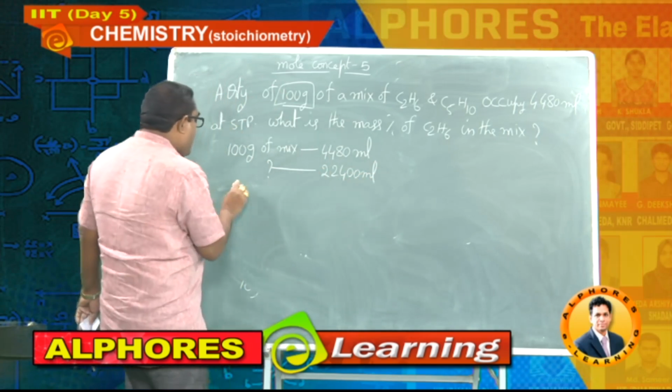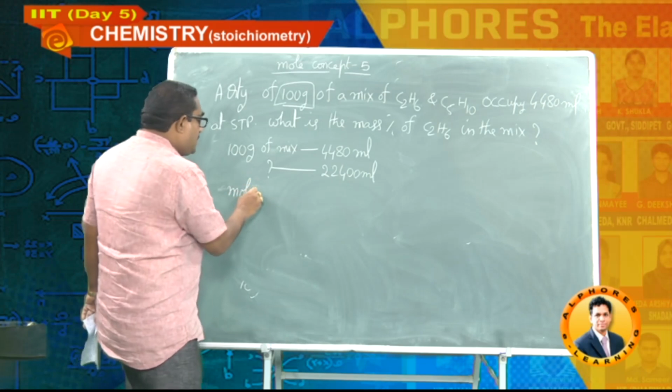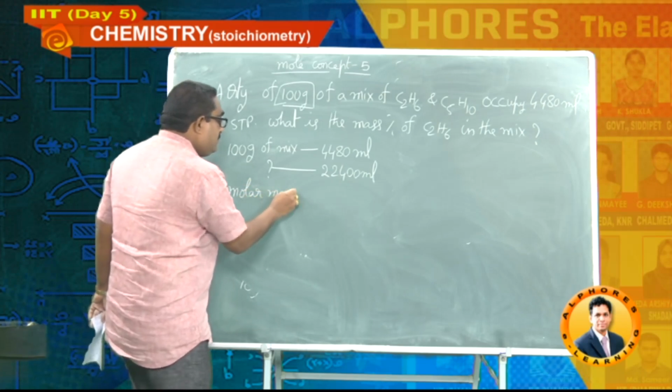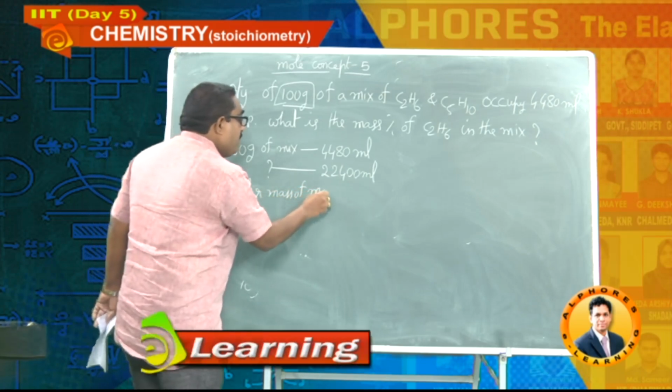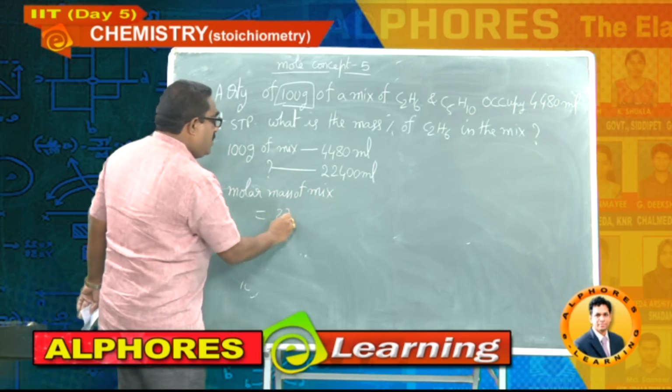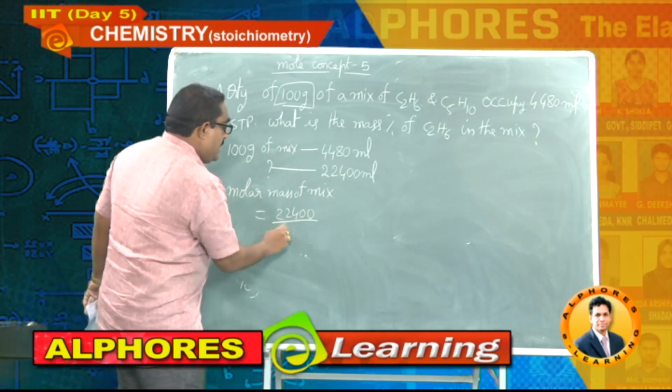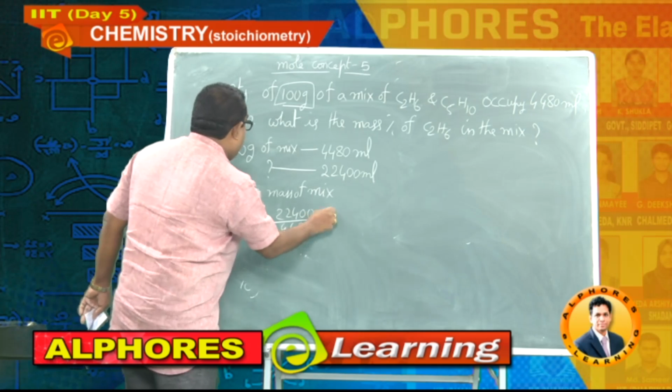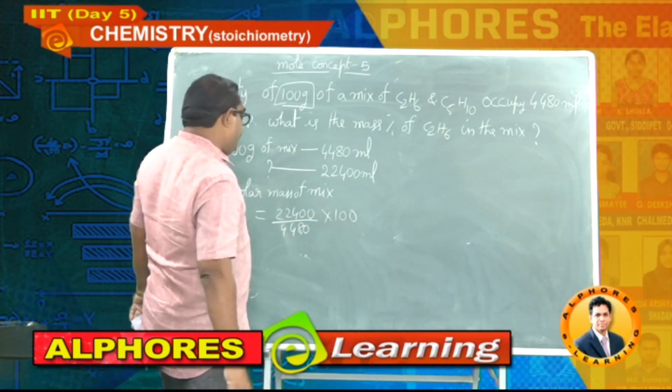What is that molar mass? Molar mass of mixture. I am calculating now. 22,400 divided by 4480 into 100.